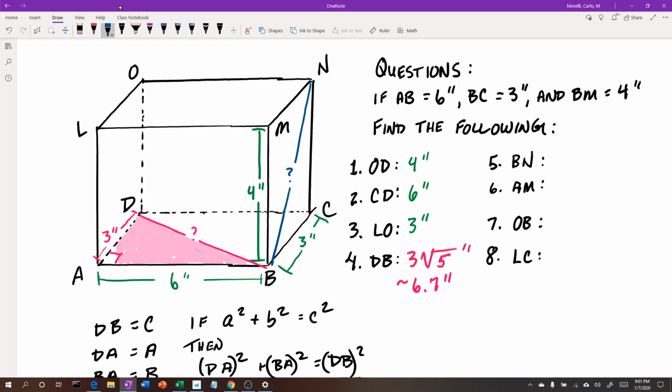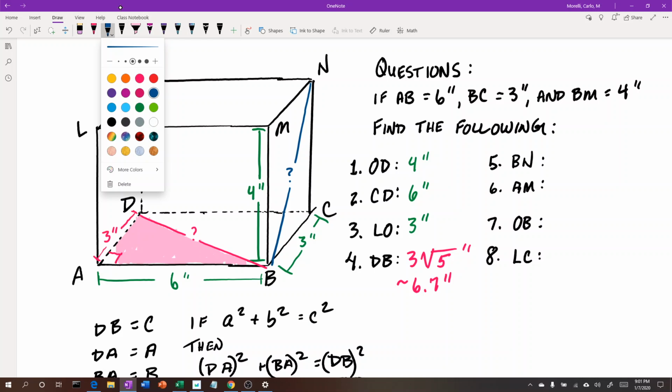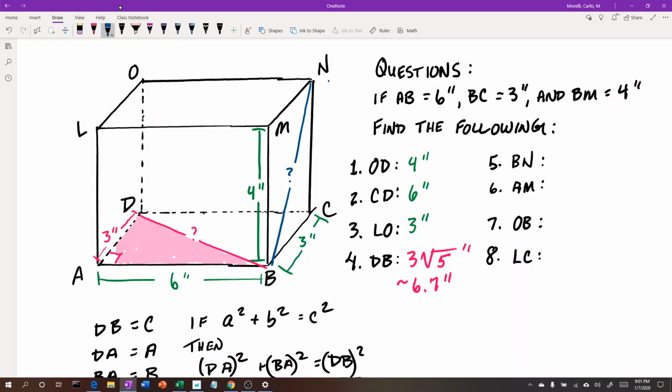All right, because we know that CN, or NC, is equal to BM, which is 4 inches. So we already know part of this distance, and that's 4 inches. We just copy that over from BM. So BN is going to be the C value in this right triangle here.